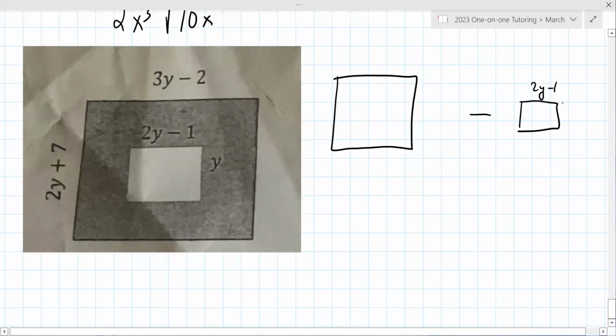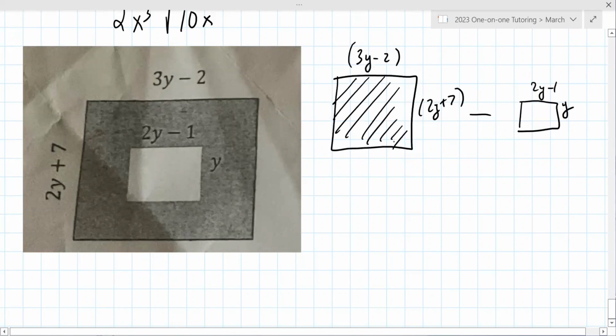Sometimes it's good to separate them like that. We have to find the area of the larger one, which is base times height. It looks like you might have been about to write 2y plus 7 times 3y minus 2.